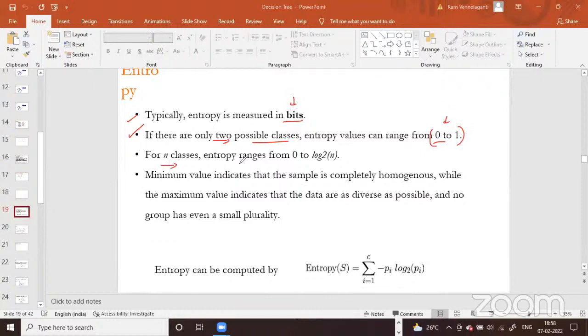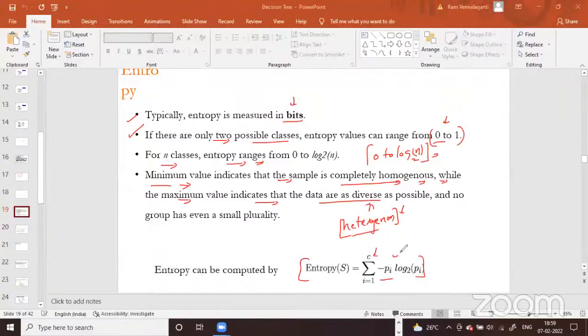For an n class problem, entropy is going to lie in the range of 0 to log n to the base 2. The minimum value for entropy indicates that the sample is completely homogeneous, while the maximum value indicates that the data is as diverse as possible, as heterogeneous as possible. What is the opposite of homogeneous? It is called heterogeneous. And this is the formula to find out your entropy.